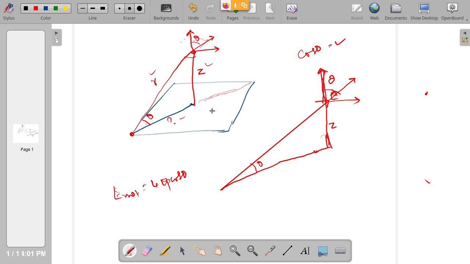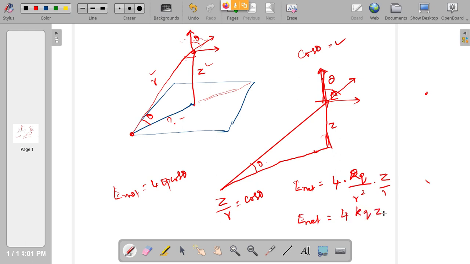So you will get Z by R as cos theta. So your E net is equal to 4 into KQ divided by R square into cos theta, which is Z by R. So basically the net electric field is 4 KQ Z by R cube.